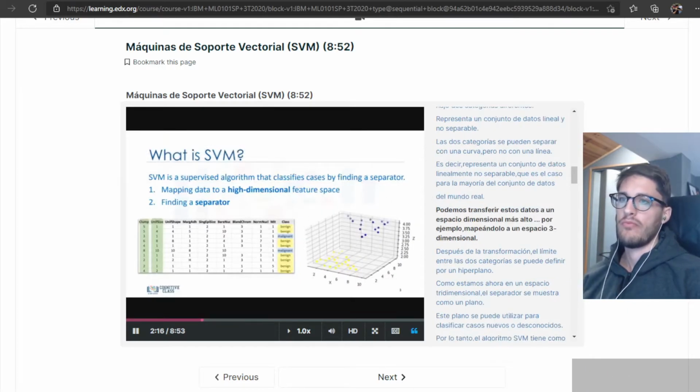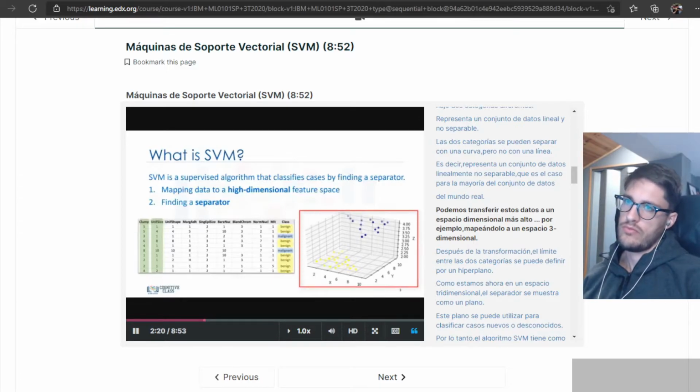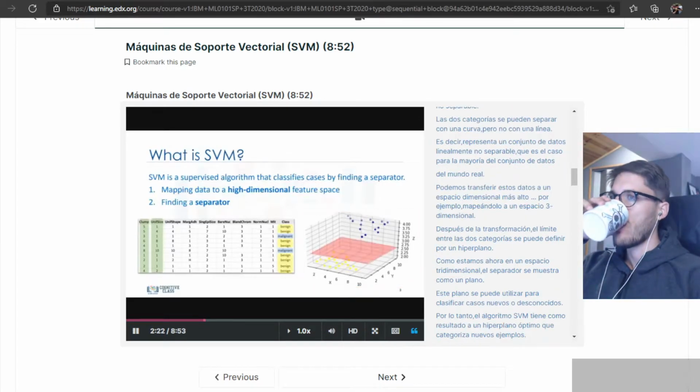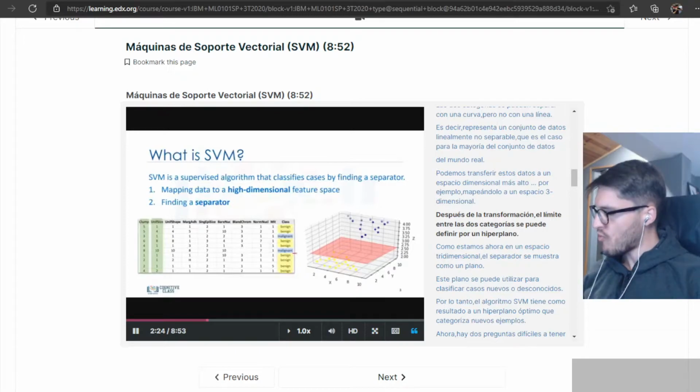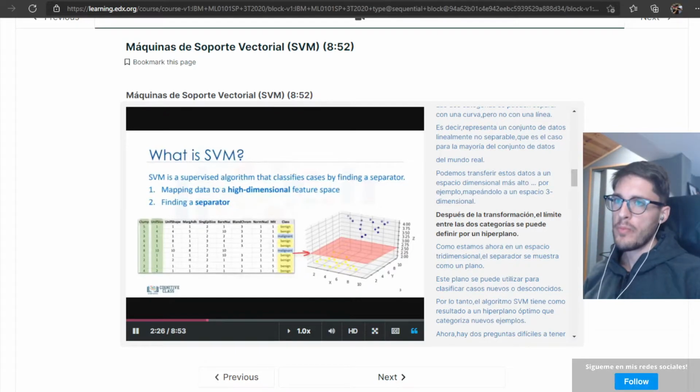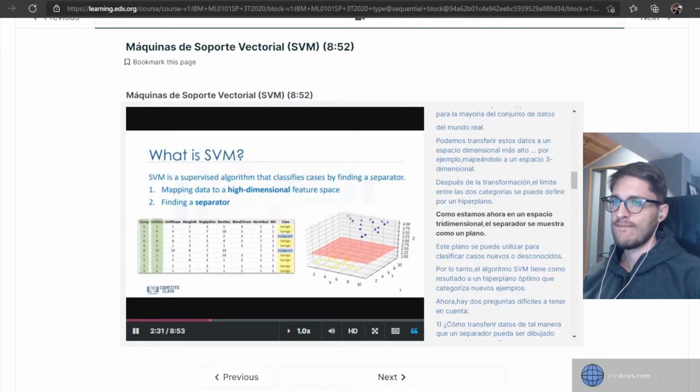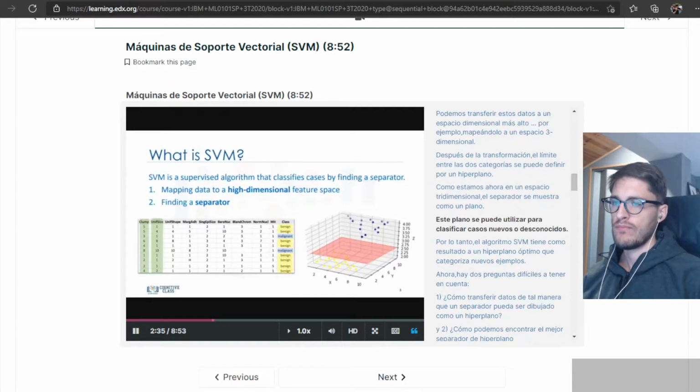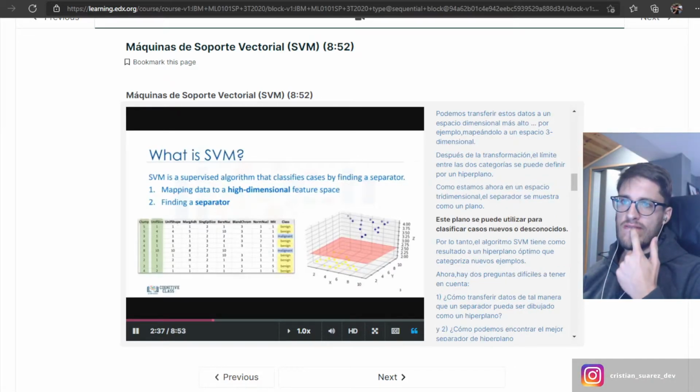We can transfer this data to a higher dimensional space, for example, mapping it to a three-dimensional space. After the transformation, the boundary between the two categories can be defined by a hyperplane. As we are now in three-dimensional space, the separator is shown as a plane. This plane can be used to classify new or unknown cases.